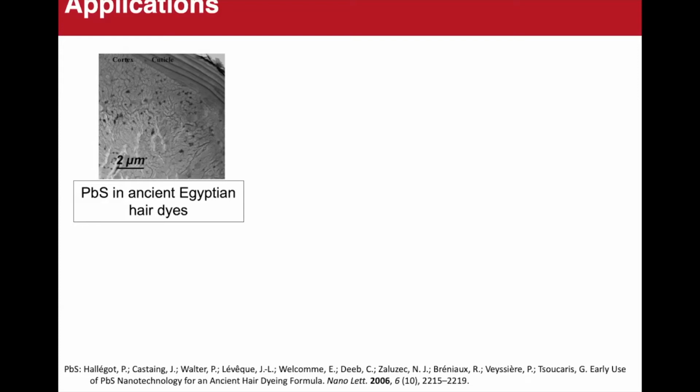And the reaction with sulfur from amino acids found in hair keratin would form lead sulfide. So clearly, thousands of years ago, the Egyptians weren't intending to produce lead sulfide nanoparticles. However, the semiconductor nanoparticles were quite useful and formed hair dyes that were quite effective.